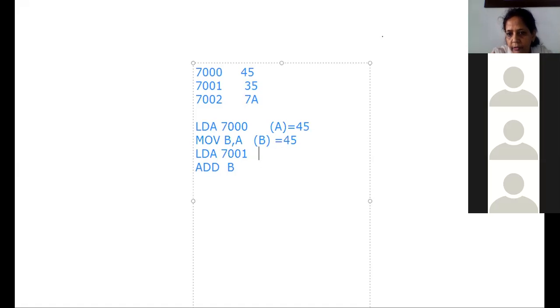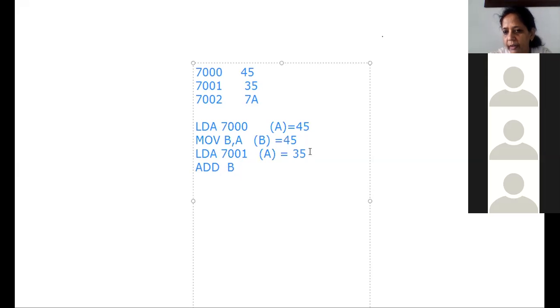Now what is my A value now? A value will be nothing but the contents of 7001. Yes, very good, 35, correct. Now if I say ADD B, what will happen?